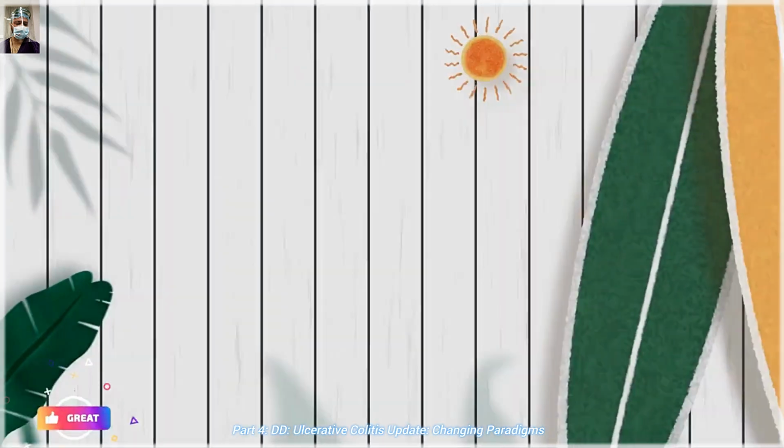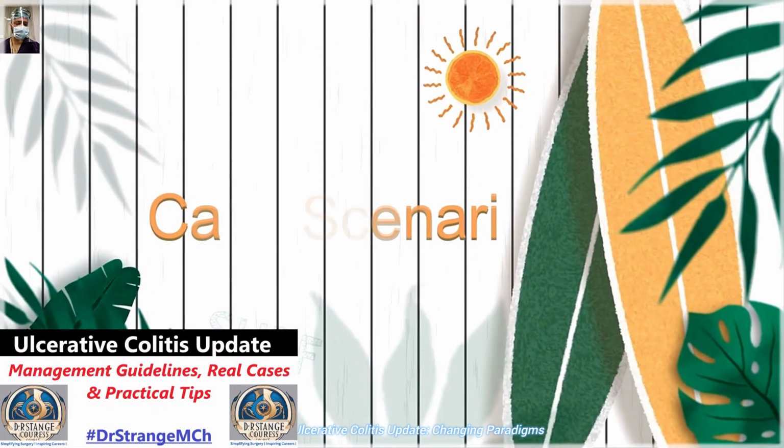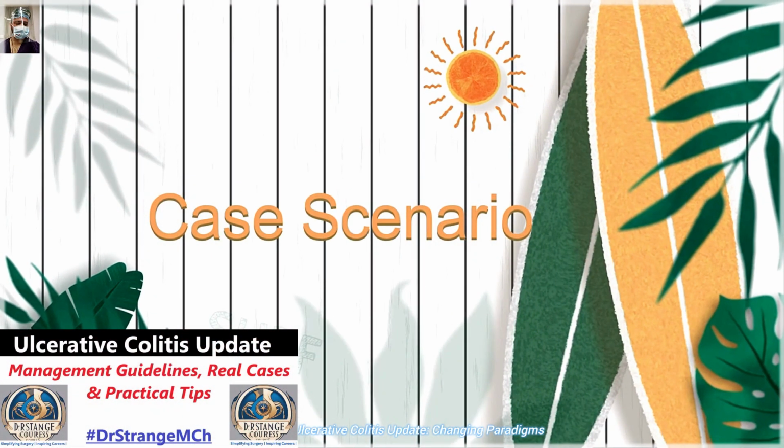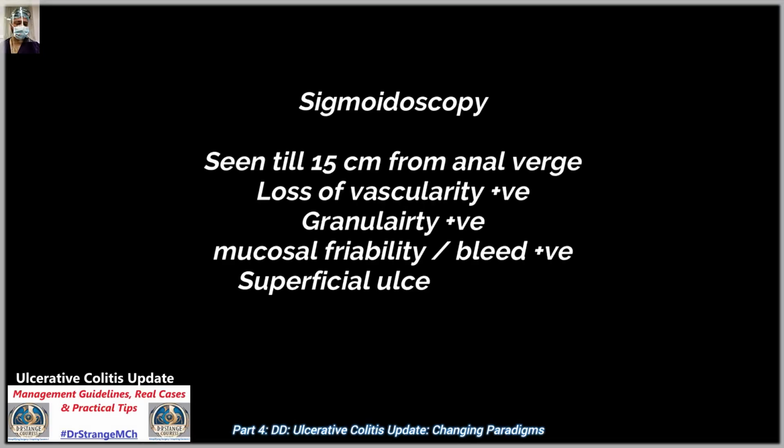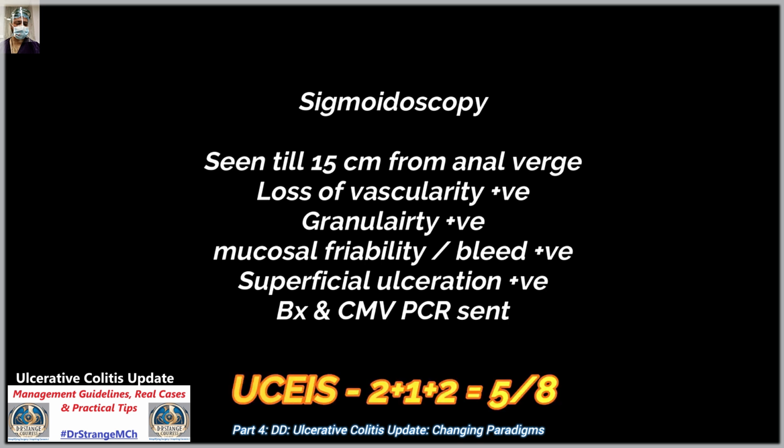So coming back to our case scenario, we did sigmoidoscopy in this patient, and full length colonoscopy was not done for fear of perforation. Full length is not advisable in case of severe colitis, as is the case in this patient, a young lady. Sigmoidoscopy revealed loss of vascularity, seen up to 15 centimeters.